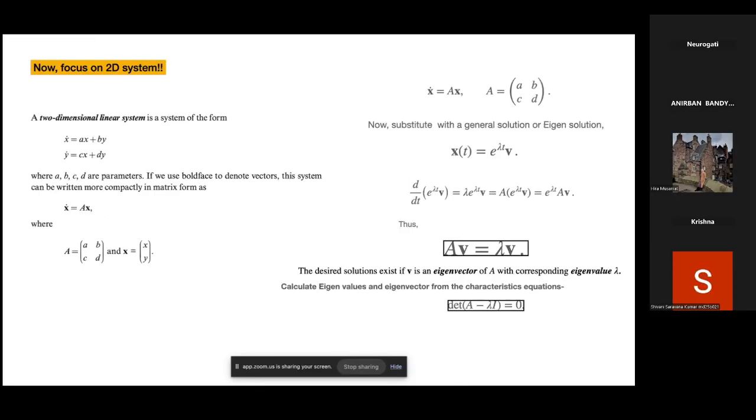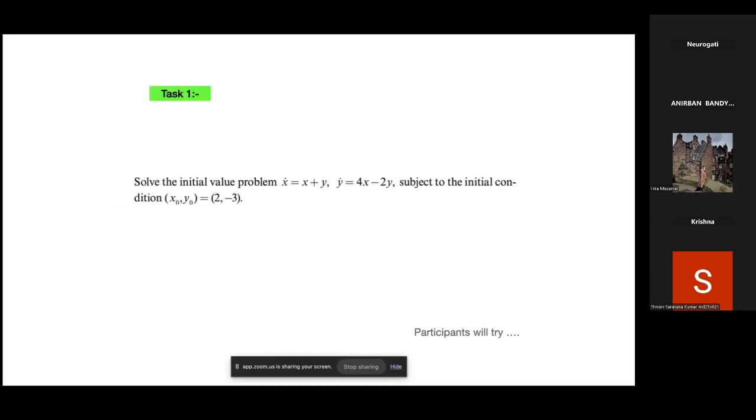So here I gave the idea of how we can solve 2D linear differential equations. Can you try to solve this differential equation by the techniques that I just mentioned? It's very easy. dx/dt is equal to x plus y, and dy/dt is equal to 4x minus 2y. Can you try to solve it? I can wait for 1 or 2 minutes, and hopefully you'll get the answer.